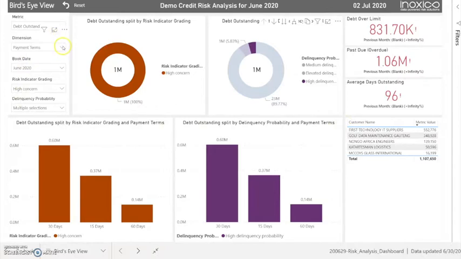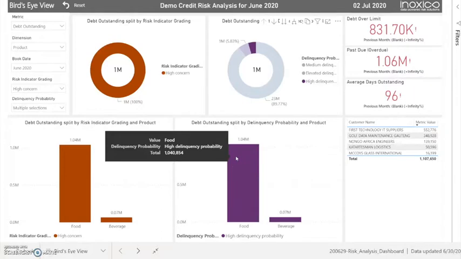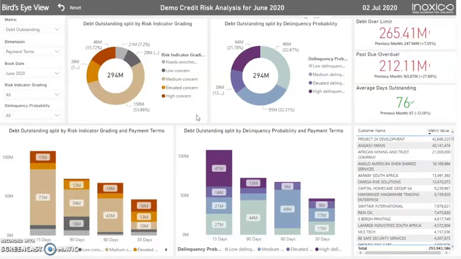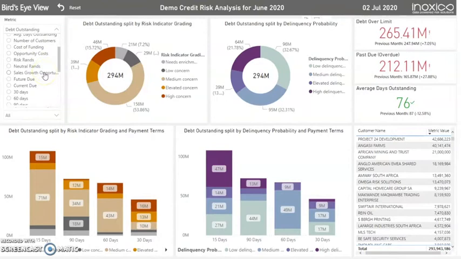So whether it be cash flow forecasting, whether it be IFRS 9 bad debt provisioning, the risk analysis dashboard gives you a segmentation and insight into your debtors book that you wouldn't otherwise necessarily have known. We give you the ability to drill down into the book and select key metrics such as debt outstanding, debt over limit, cost of funding, or the opportunity costs, or you can look at the individual aged buckets on the age analysis.